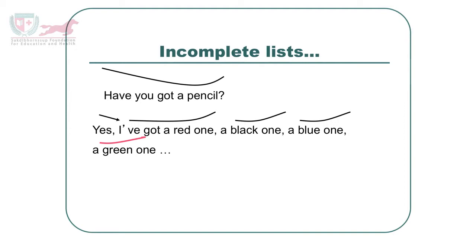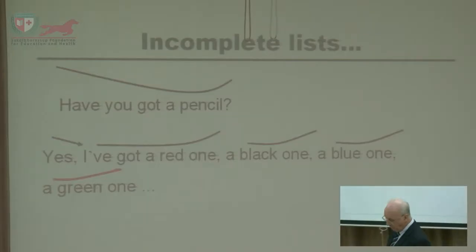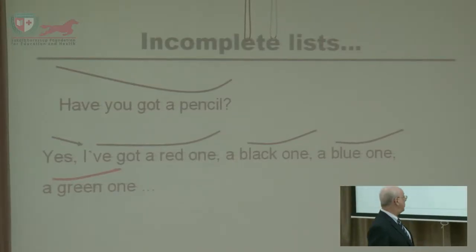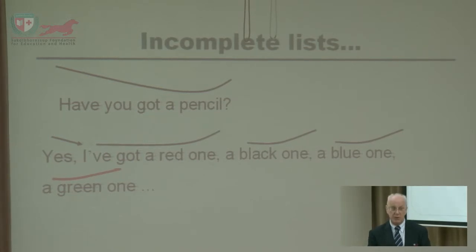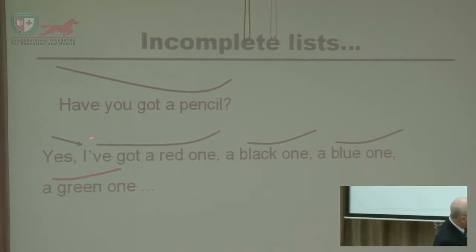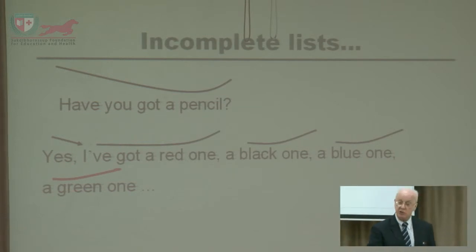Yes, I've got a red one, a black one, a blue one, a green one, and many more. But we don't say those words, and many more. Everybody understands and many more, because we finish with the rising intonation. We finish with that voice going up, and that says, I've not finished.